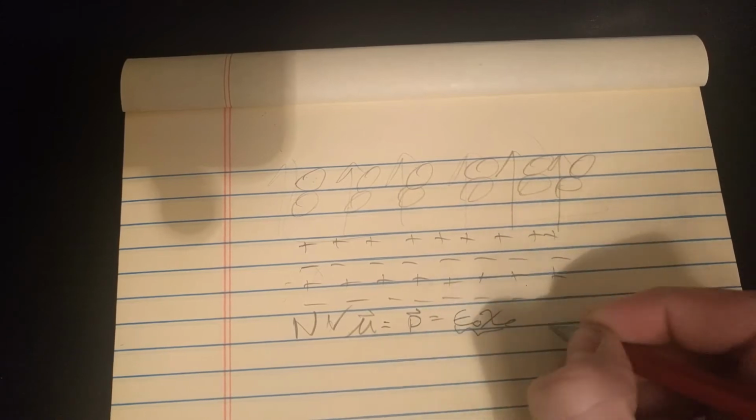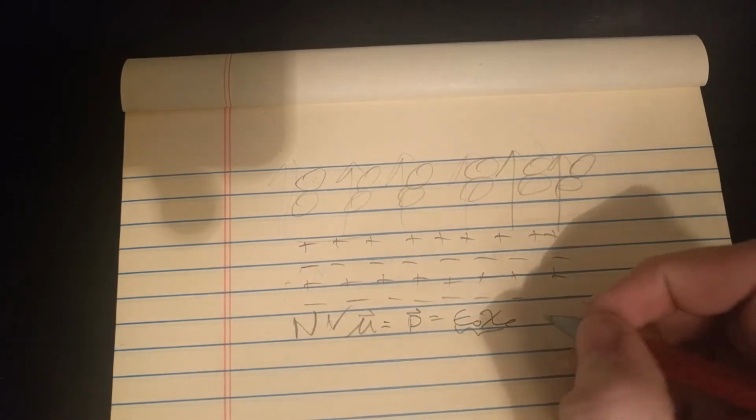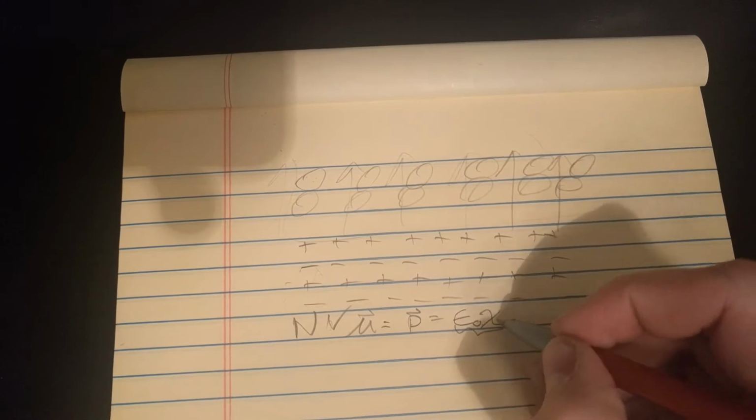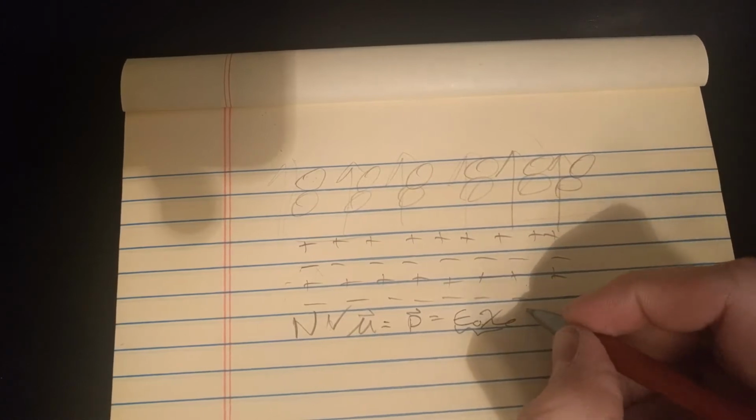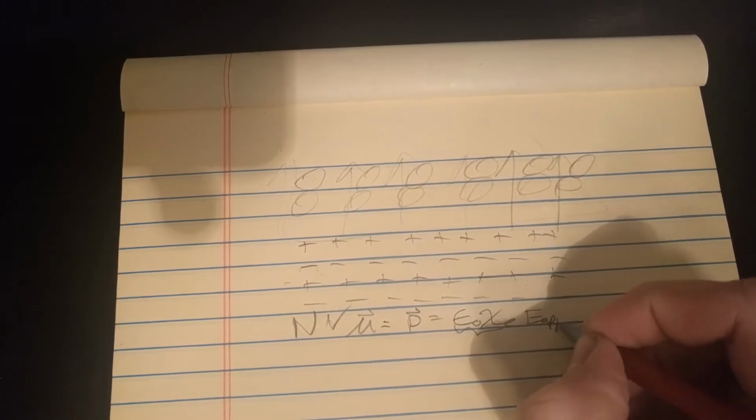And that's, again, going to be equal to some constant. And we're going to call that constant, so this is the constant right here, it's actually a product of two constants, epsilon naught and chi. And then we have our applied electric field.